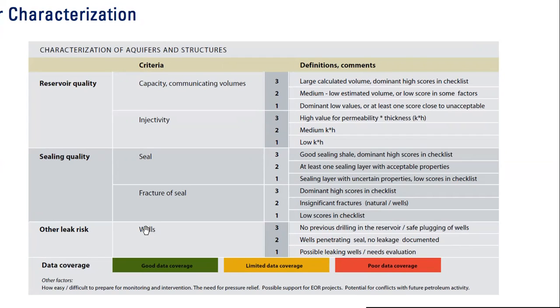But if you have a reservoir, and below the reservoir is the seal, and below the seal is the aquifer to which you will inject your CO2, and the wells penetrate the caprock of the aquifer, then you need to be careful. You won't get a score of 3 because now the seal is penetrated by the well.